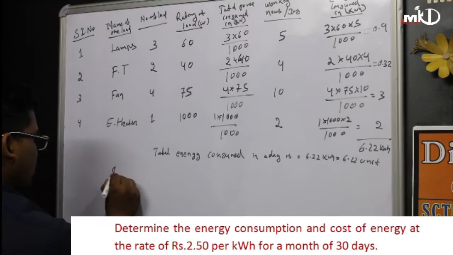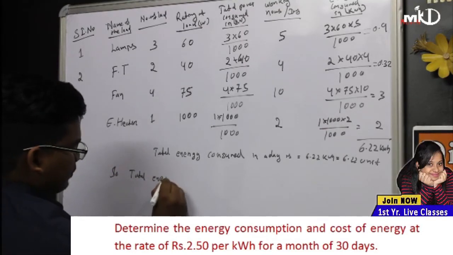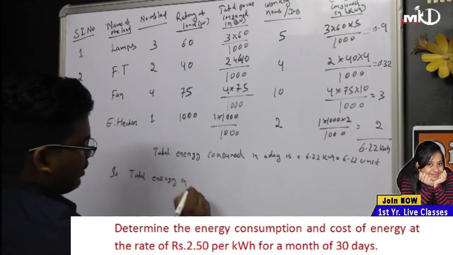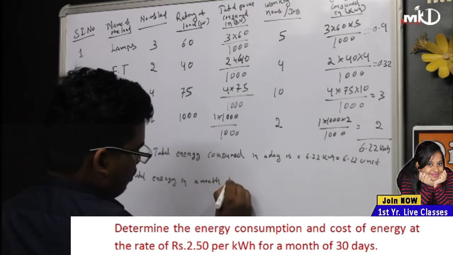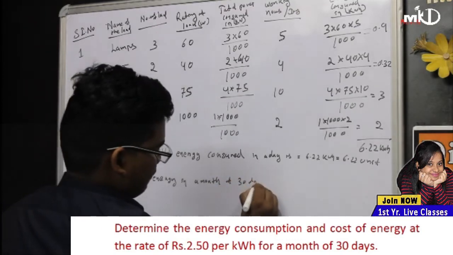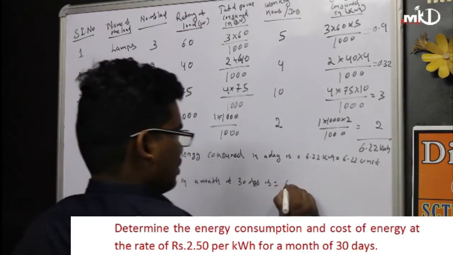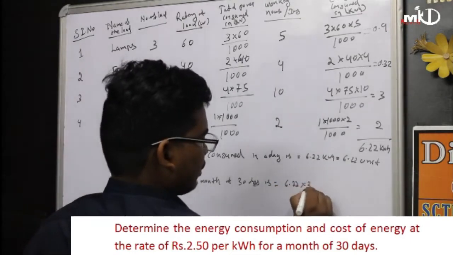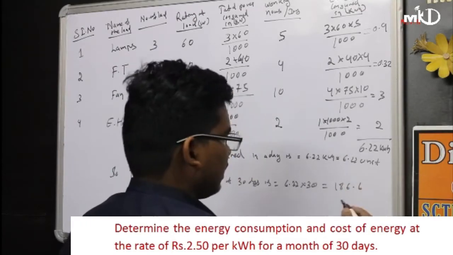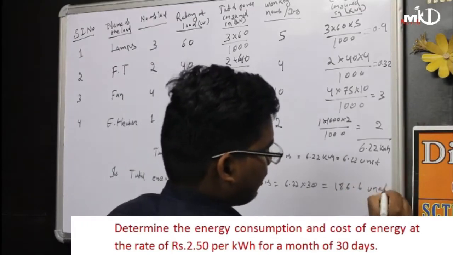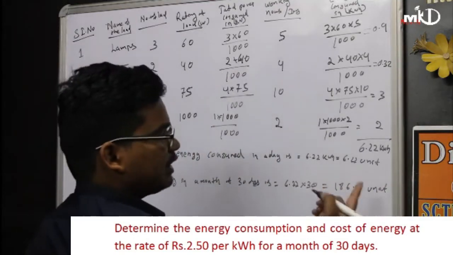So total energy in a month of 30 days is 6.22 into 30, 186.6 unit in a month. So total energy consumption in a month is 186.6 unit.